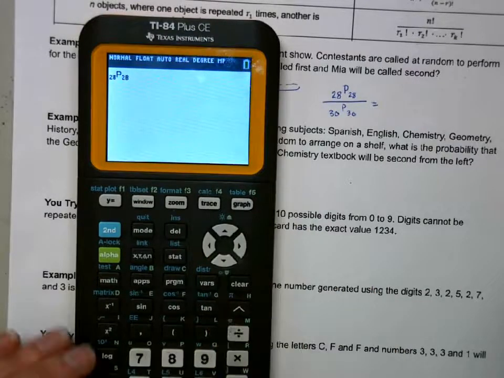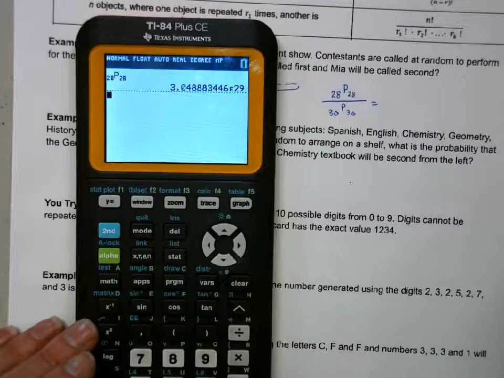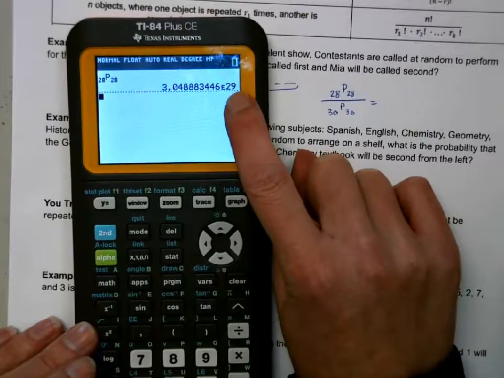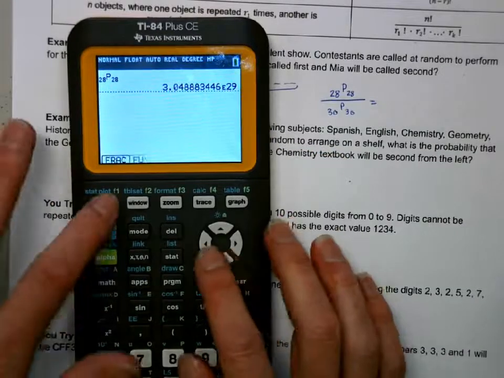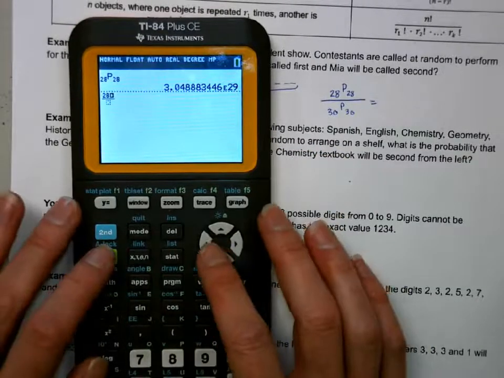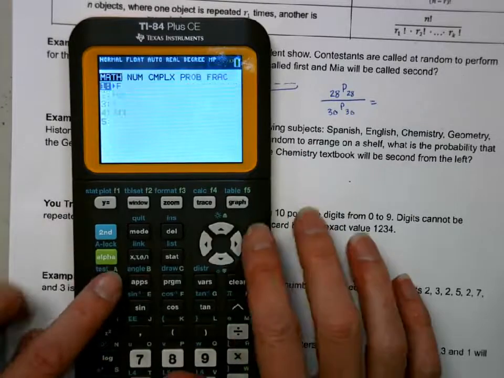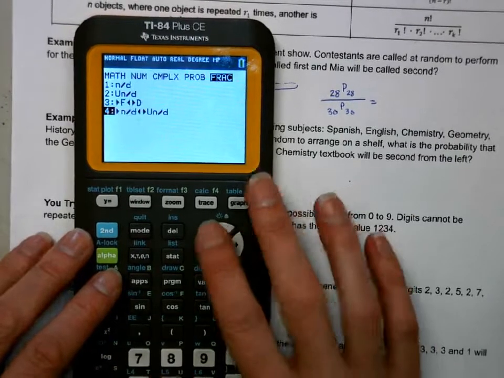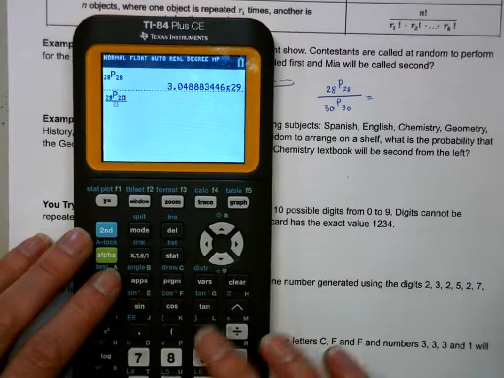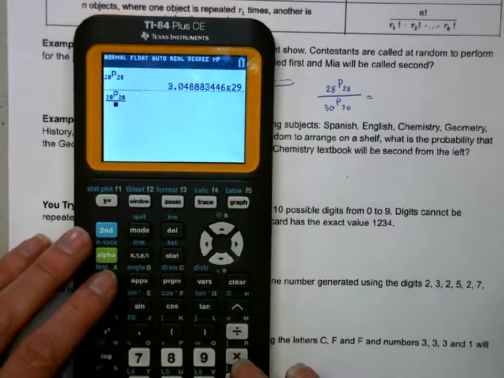And this is going to be a mega big number. That means this number times 10 to the 29th. So I'm actually going to use the fraction. In the top, I'm going to do 28P28. So we can do math, probability, nPr 28. And then in the bottom, I want 30.